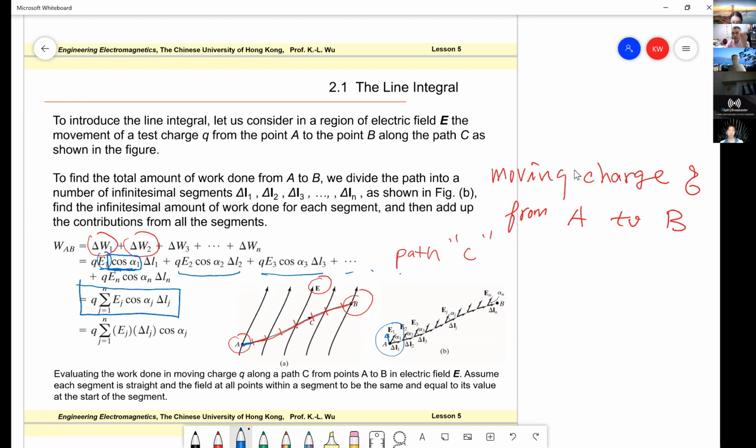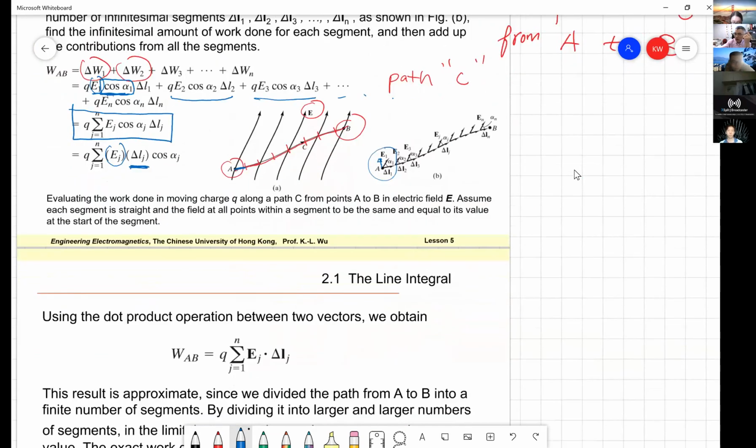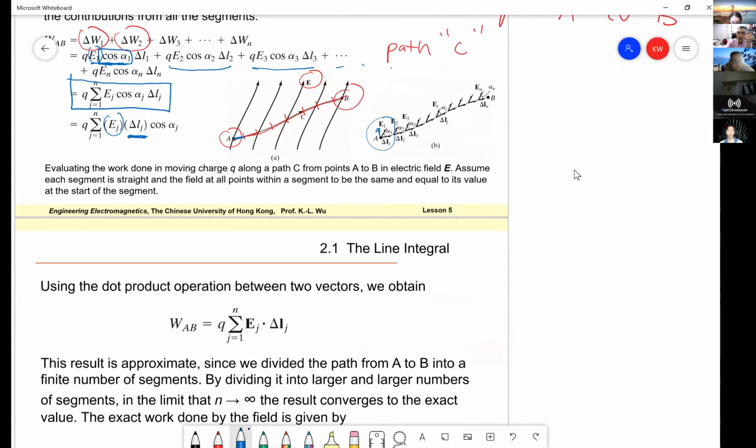E is the field, and this is the absolute length of each section. I can write this equation more concisely using the knowledge we learned about vector multiplication, the dot product. So this dot product is exactly what I described here, right?